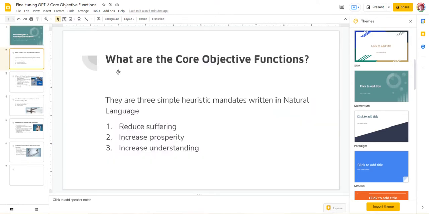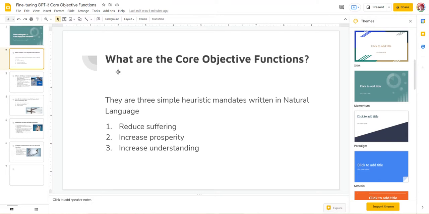So first up, what are the core objective functions? They are quite simply three heuristic mandates written in natural language. Those mandates are reduce suffering, increase prosperity, and increase understanding. And it's important to point out that these are heuristic mandates. They are meant to build experience, and the AGI is supposed to learn as it goes.